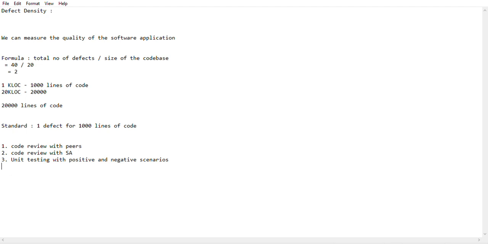If it violates this rule, or if the system is getting more than one defect, then we have to improve the code quality. So how can we increase the code quality? First, by doing proper code review with the peers. Second, code review with the software architect. Third, and most important, unit testing with positive and negative scenarios.